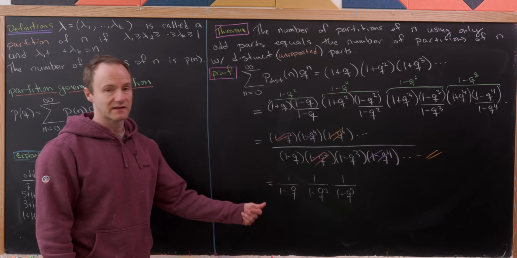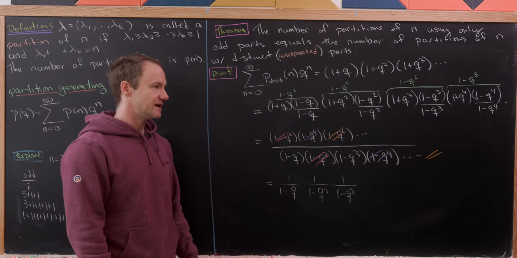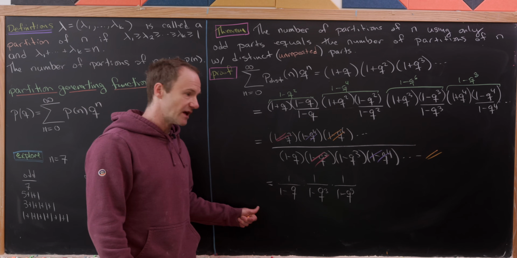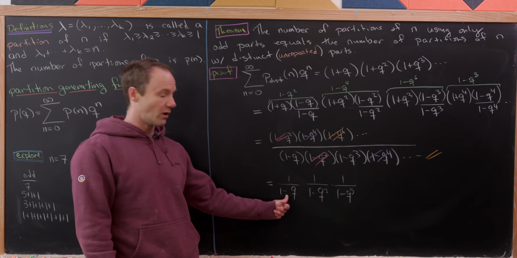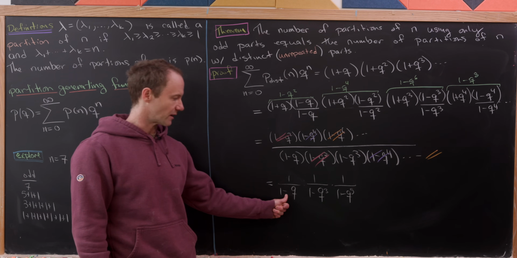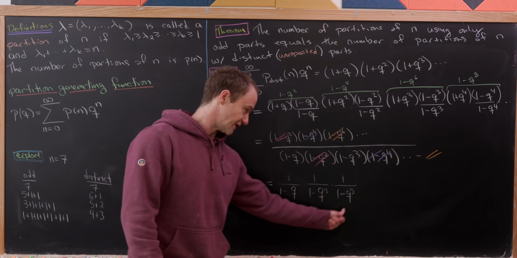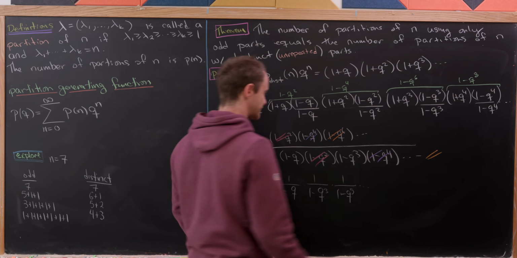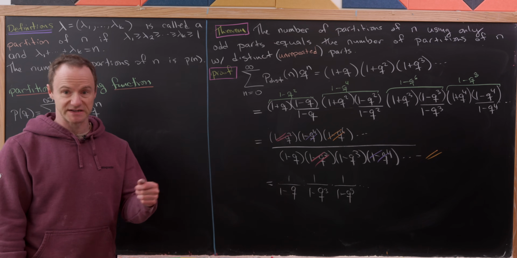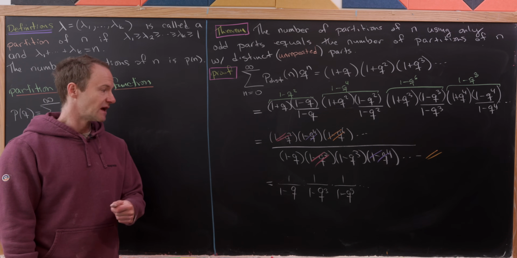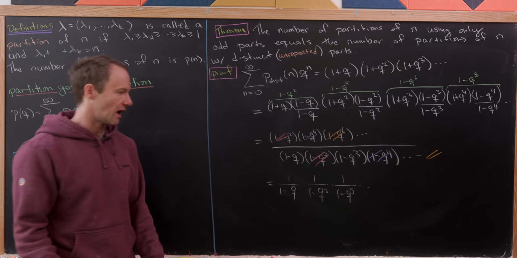But recall, writing it like this is expressing it using only parts equal to 1, that's controlled by this term right here. Parts equal to 3, controlled by this term right here. Parts equal to 5, and so on and so forth. All that's left is the term that controls the parts equal to an odd number.